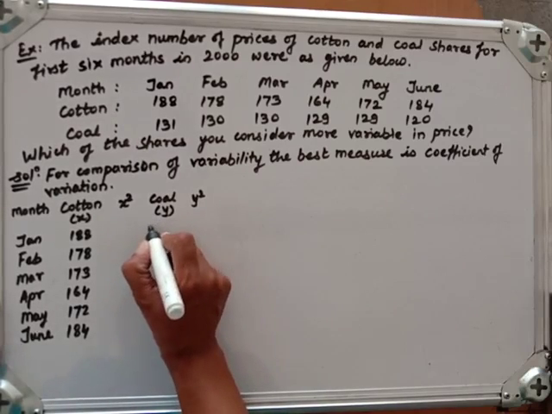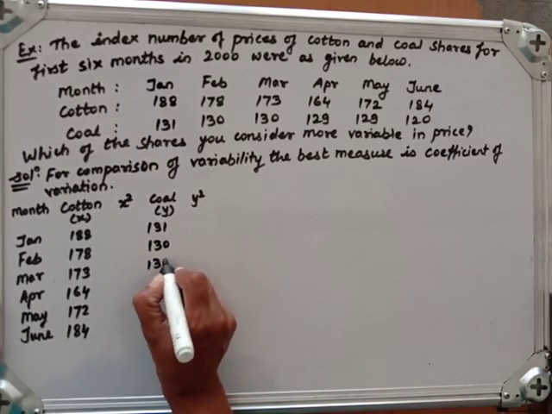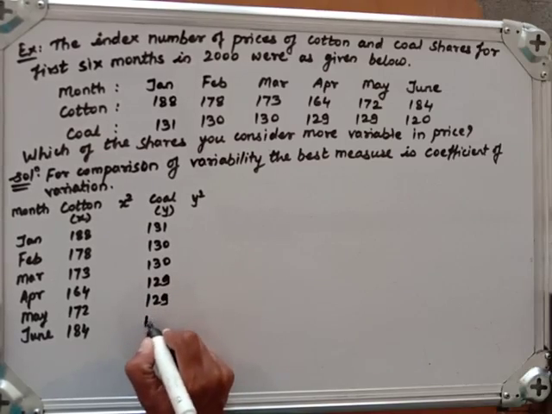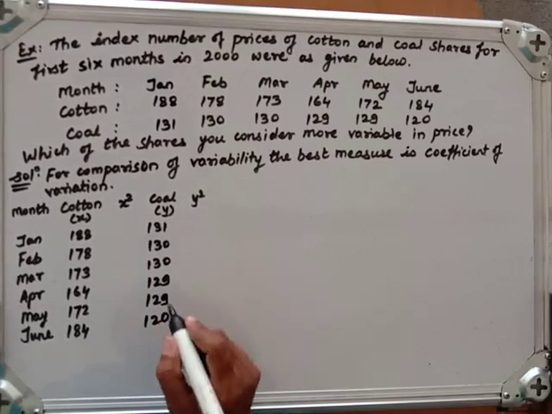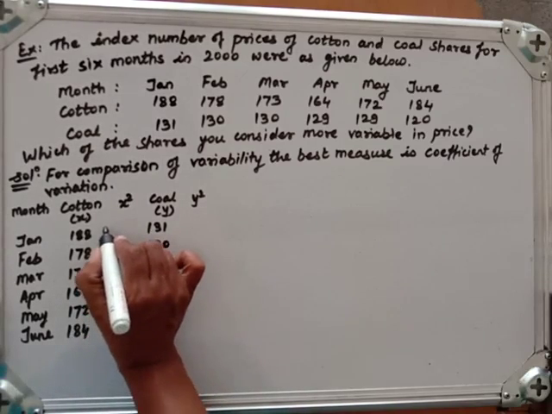Again for coal it is 131, 130, again 130, 129, 129 and 120, and these squares also we have to do. So let us write these squares first.